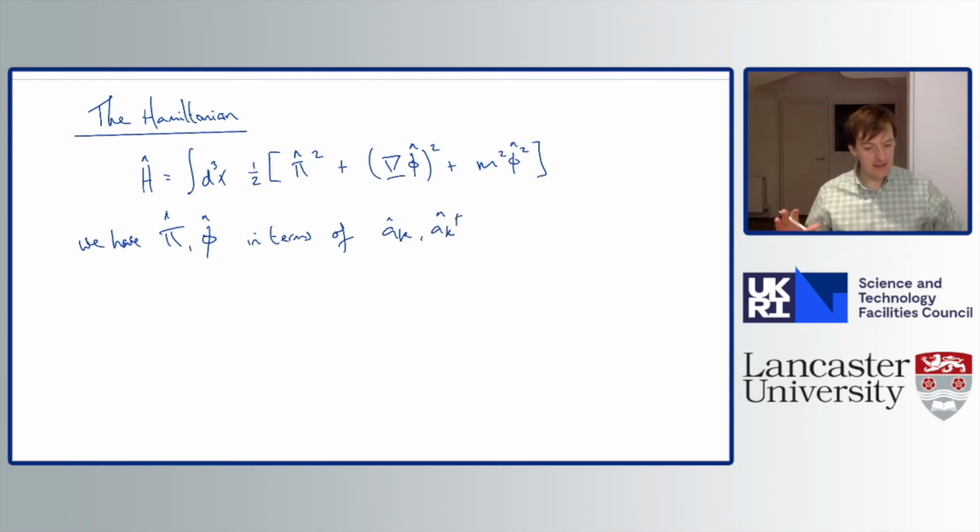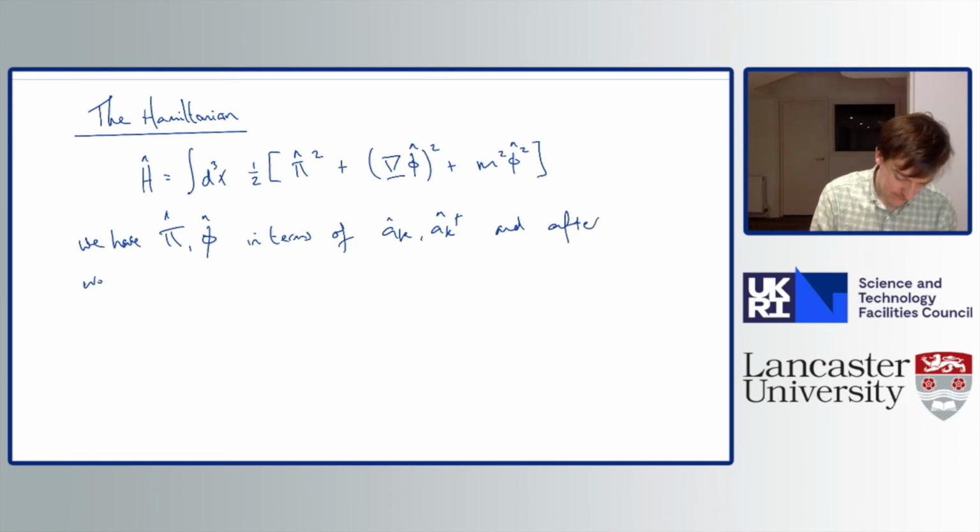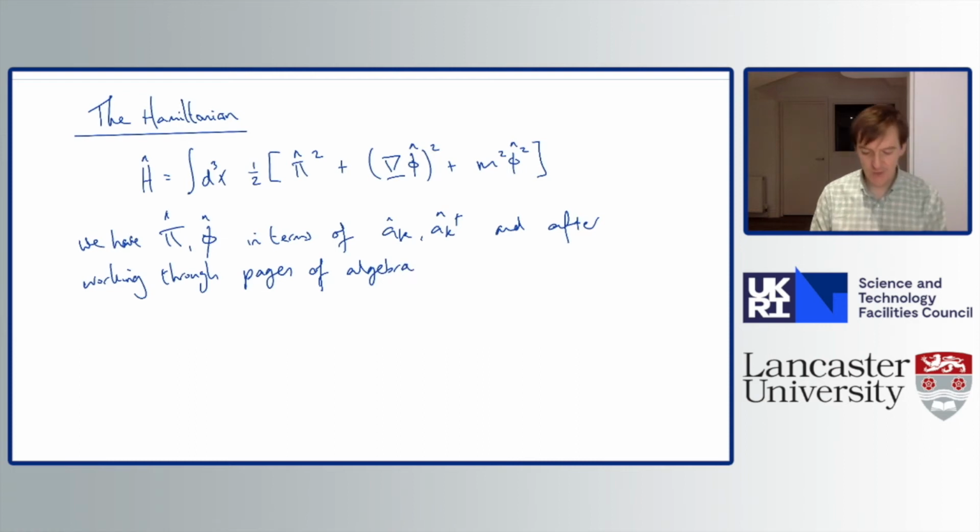Okay, so by substituting in for phi and pi into this expression, in terms of our mode expansion, and let's not go through the full details, but if you were to work through the algebra, after working through probably a couple of pages of algebra, which is why I don't really want to go through it in this short course, because we've done one kind of commutation thing in detail.